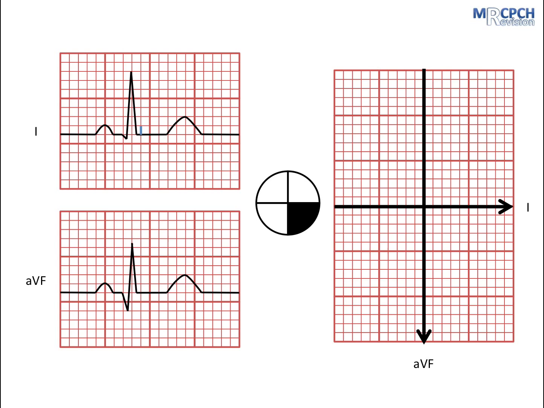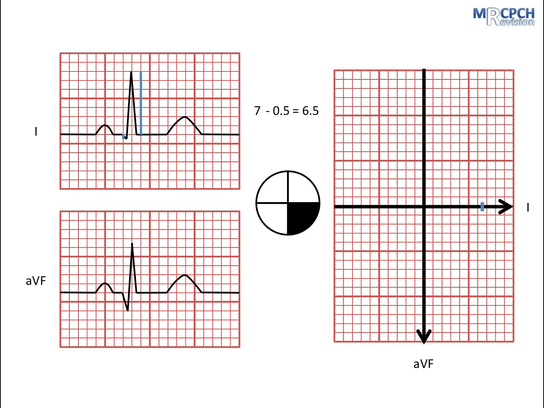So that's 1, 2, 3, 4, 5, 6, 7 small squares above the isoelectric line. That's 7. And it's half a small square below the isoelectric line. So to work out the net deflection, we need to take what's above away from what's below. So 7 minus 0.5 gives us 6.5. That's towards lead 1, so let's plot that on our graph there.